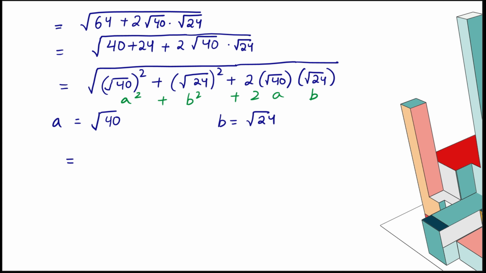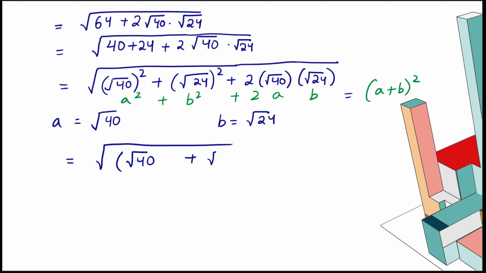Coming to the next step. Now you can rewrite it, because the whole thing is equal to what? A plus b whole square. So you can write it as a, meaning square root of 40, plus b, meaning square root of 24, and this whole square over there. Square cancels with the square root.